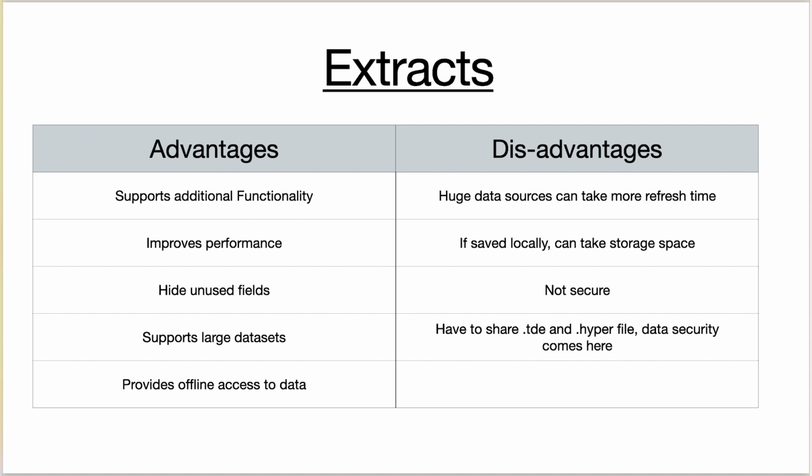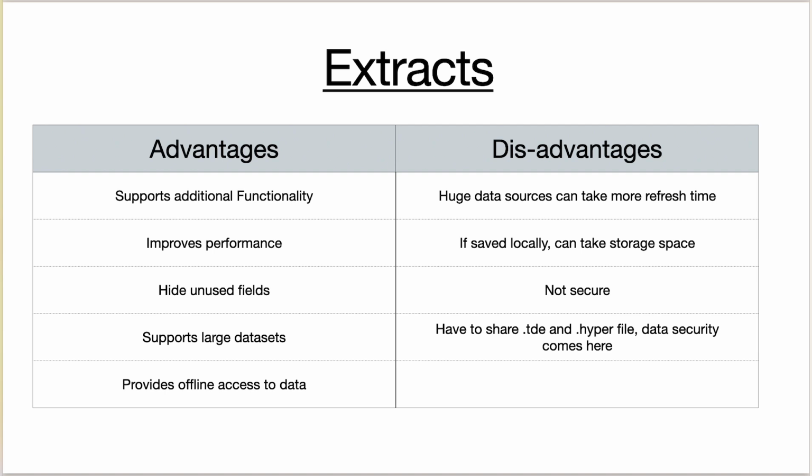Also, it is not secure. Why? Because we have to share the .tde or .hyper file of this extract with, let's say, the client or another person. So in that case, there might be data privacy issues. For example, PII, that is personal information, which we might not want to share with the other person, but because we are sharing this copy of data, there can be data security issues.